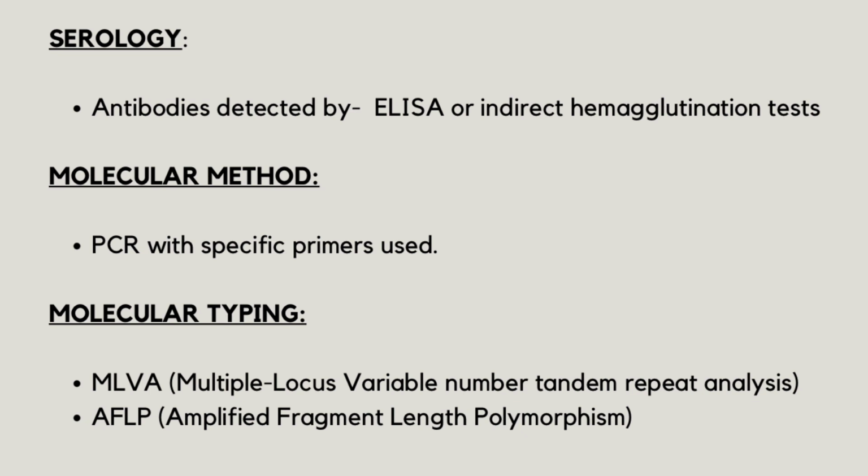Antibodies appear in convalescent sera and can be detected by ELISA or indirect hemagglutination methods. Molecular diagnosis. Polymerase chain reaction with specific primers can be used for confirmation. Molecular typing. MLVA, multiple locus variable number tandem repeat analysis, or AFLP, amplified fragment length polymorphism can be used.